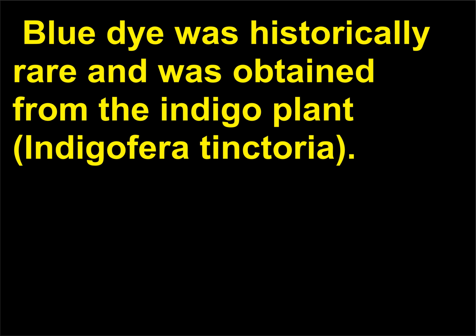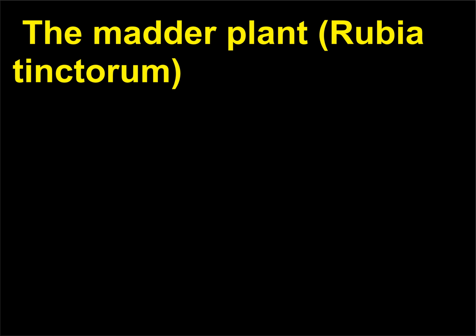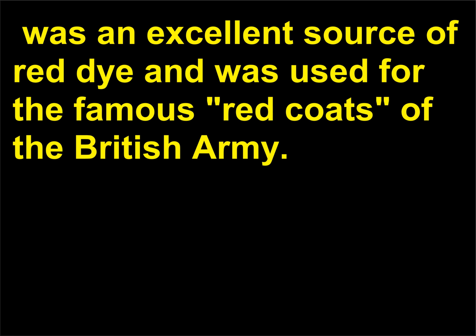Blue dye was historically rare and was obtained from the indigo plant, Indigofera tinctoria. Another color difficult to obtain for dye was red. The madder plant, Rubia tinctorum, was an excellent source of red dye and was used for the famous red coats of the British Army.